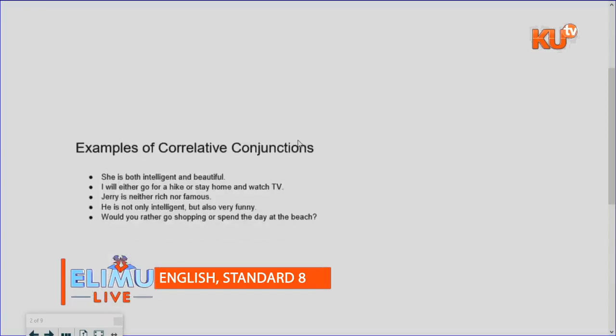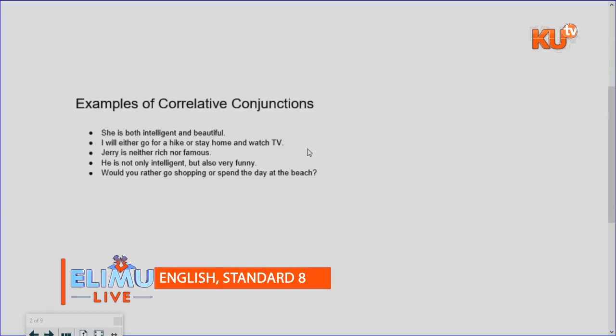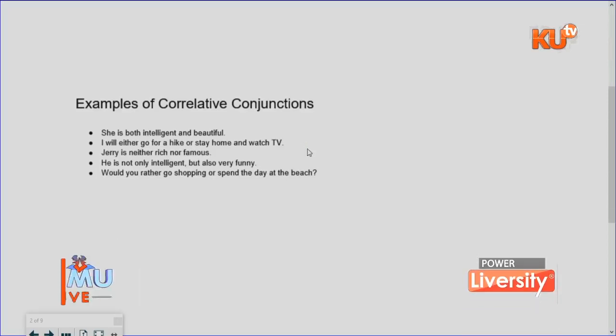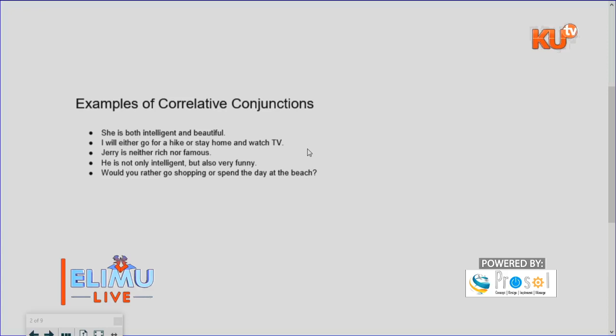Moving next to more examples of correlative conjunctions. She is both intelligent and beautiful. So both-and have been used as a pair of correlative conjunctions to join the two statements.